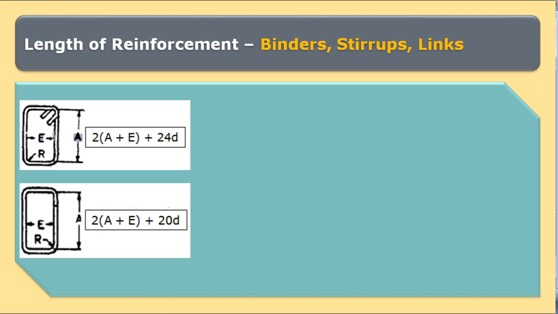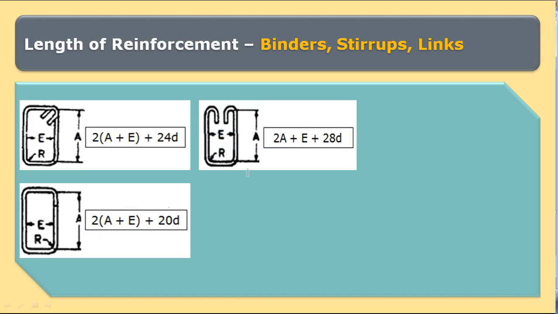Similarly, for rectangular stirrups without hook, the length is equal to 2 into (A plus E) plus 20D. For a partially open stirrup, the length of a single stirrup is equal to 2 into (A plus E) plus 28D.